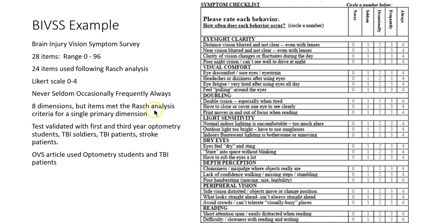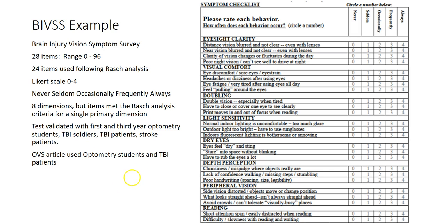In the example I'm going to show you, we're just going to use the total score from the BIVs, the 0 to 4 scores rather than the Rasch numbers, just because it's a little easier to understand and the point's still made. We validated this test using first and third year optometry students, TBI soldiers, TBI patients, and stroke patients.